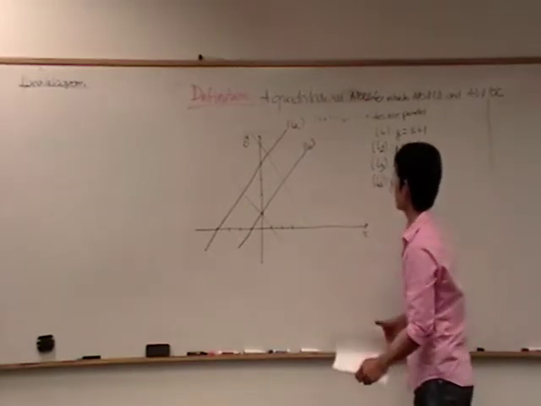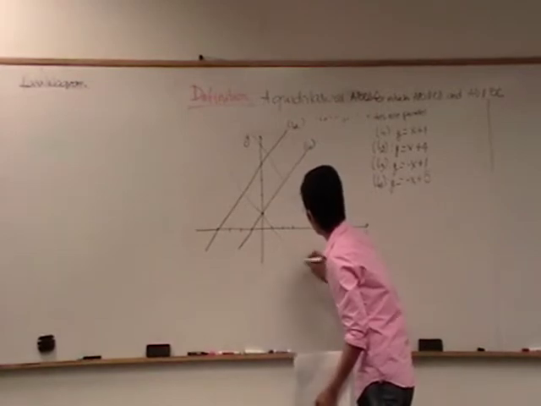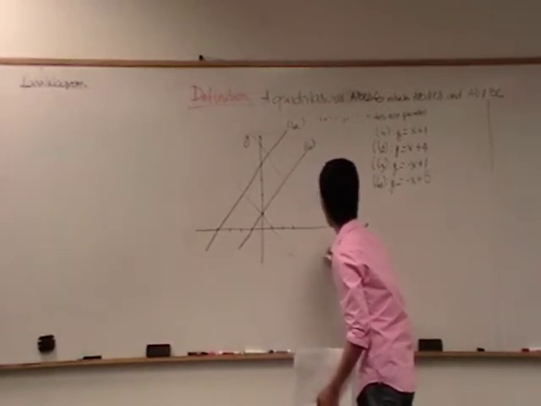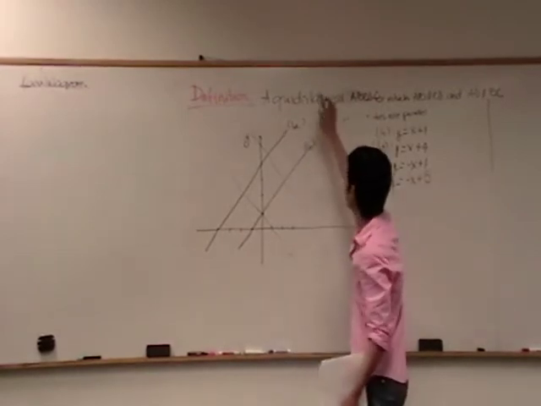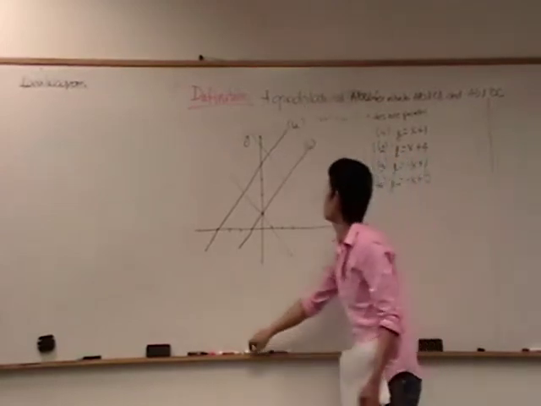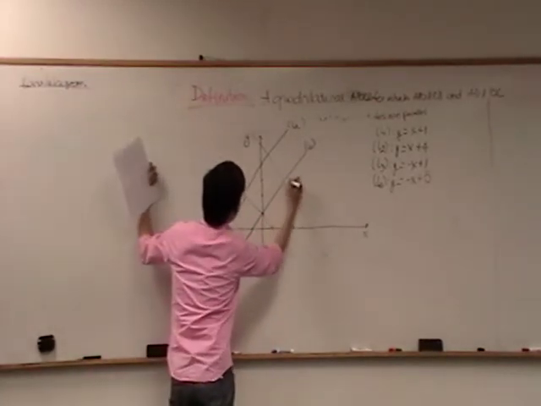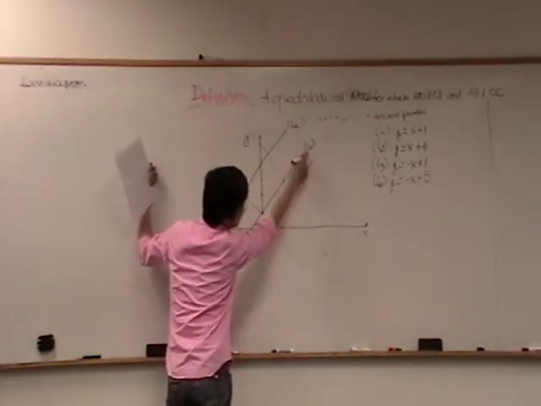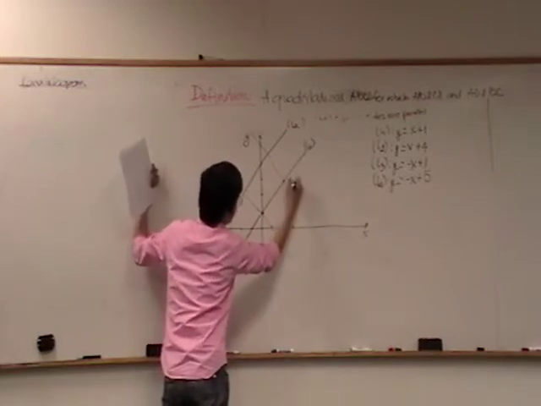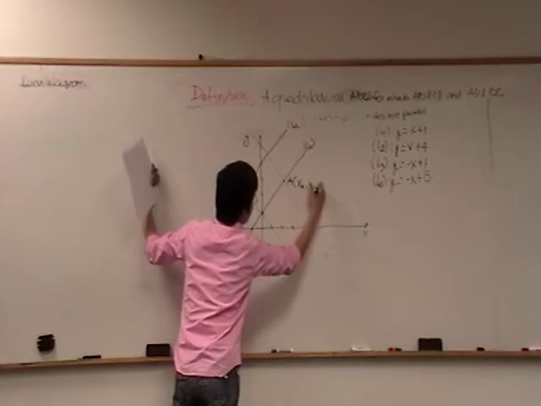So now we have so far line number 3 parallel to line number 4 and line number 1 parallel to line number 2. And I call the intersection of line number 1 and line number 4 that A with XA and YA.